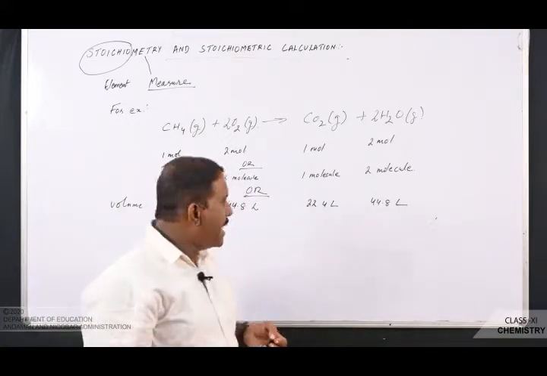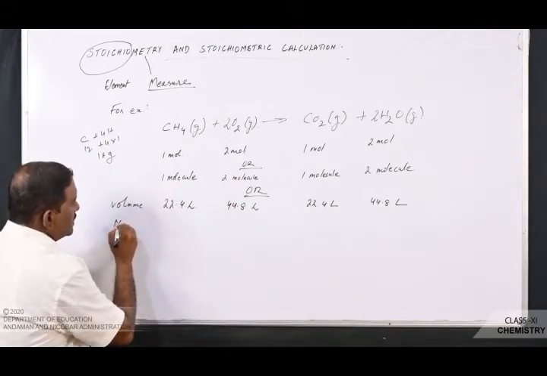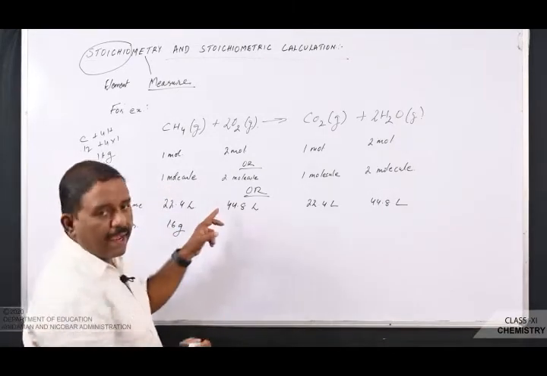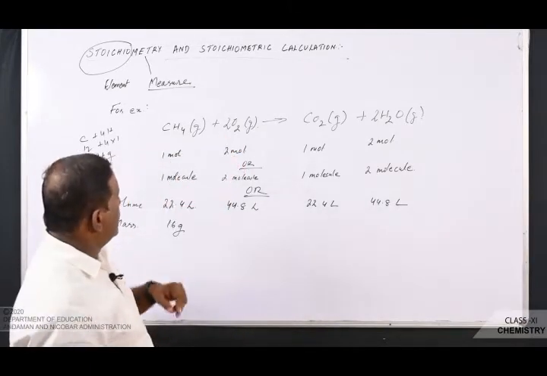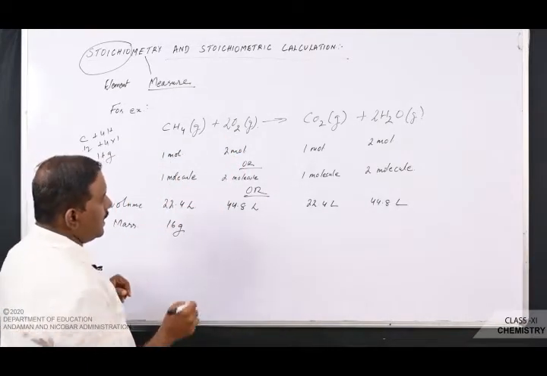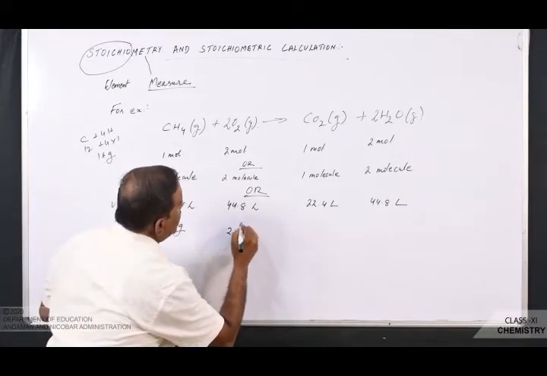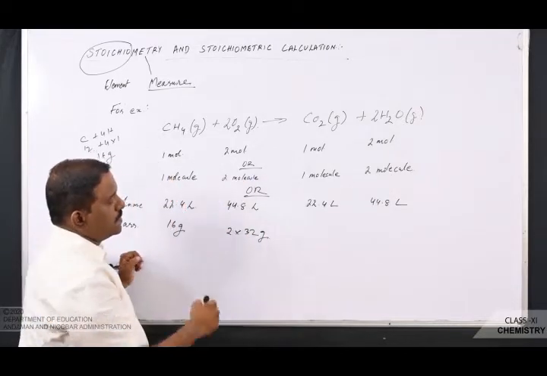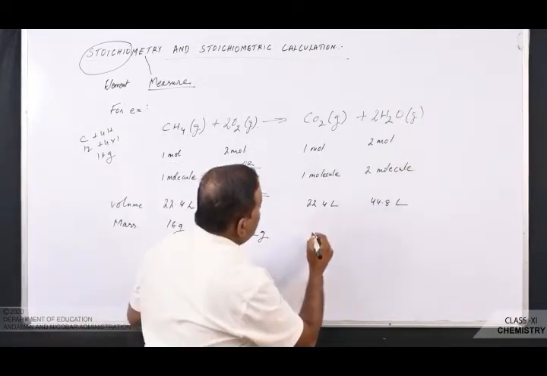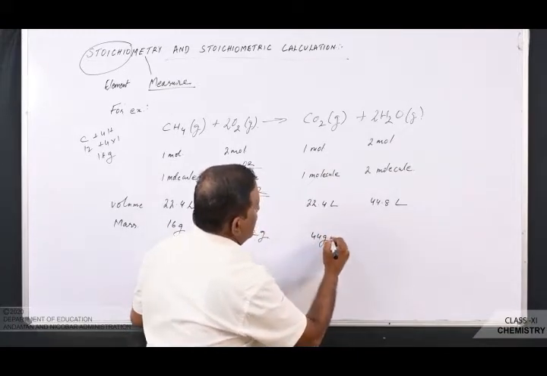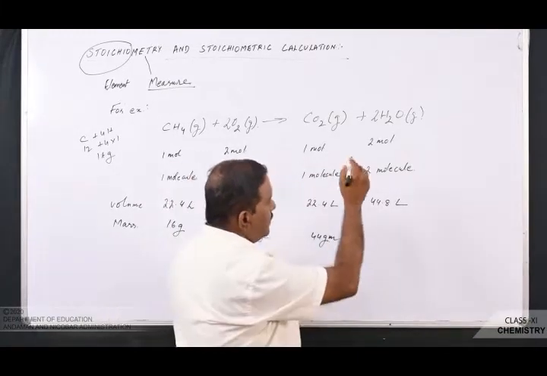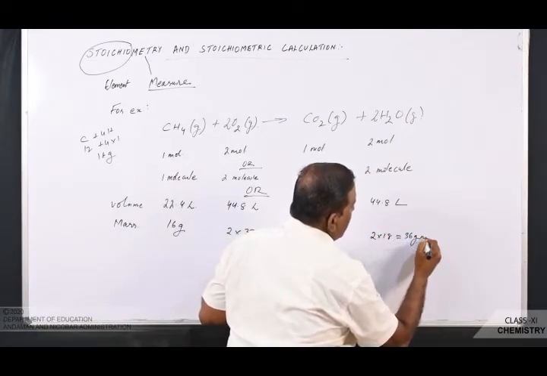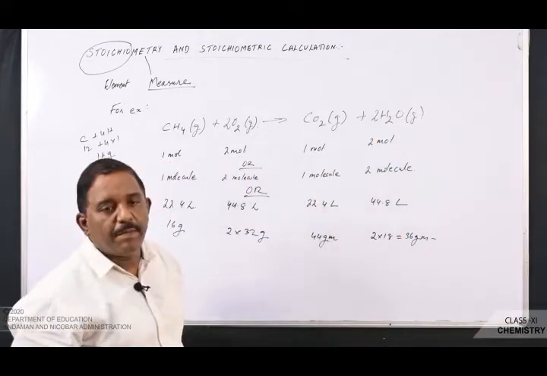So in respect of mass, 16 grams of methane and 2 into 16, that is 32 grams of oxygen, and 44 grams of CO2 and 2 into 18, that is 36 grams of H2O will be involved.